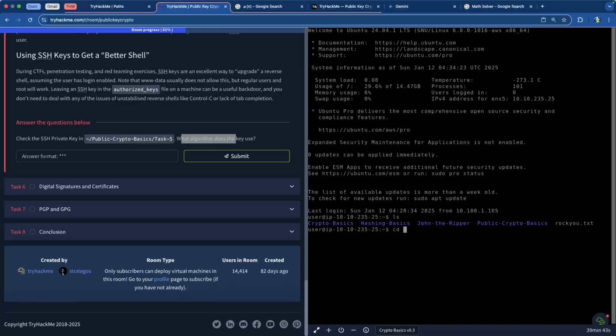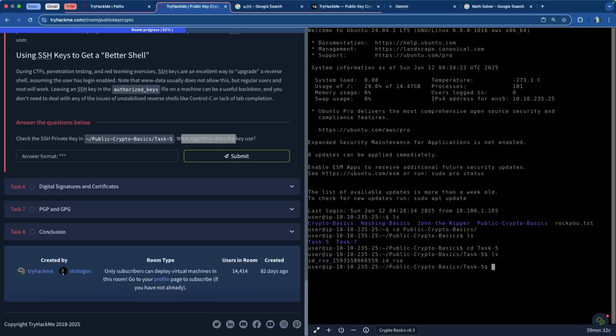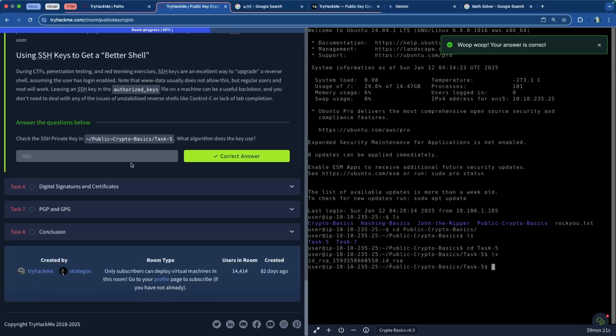So I'm going to cd into public crypto basics, and I have task 5, so cd task 5, and then we're going to list that. And then we see id_rsa, and it says what algorithm does the key use, and it says RSA in the name, so we're going to say RSA, and that is going to be our answer.